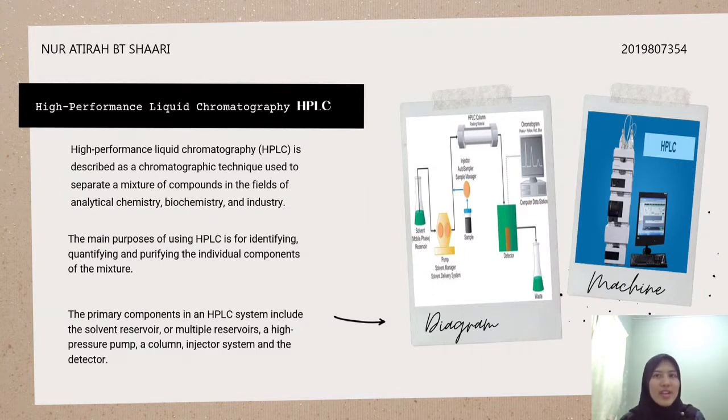There are 5 primary components in an HPLC system, which are the solvent reservoir or multiple reservoirs, a high pressure pump, a column, an injector system, and the detector.